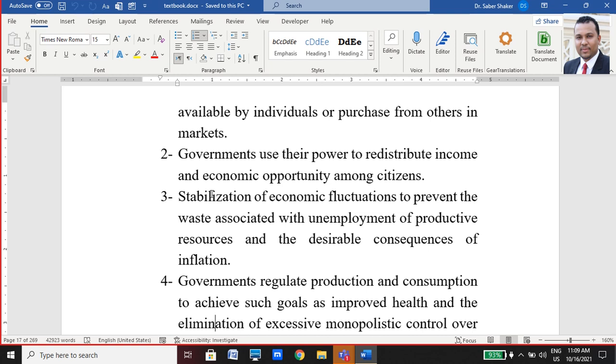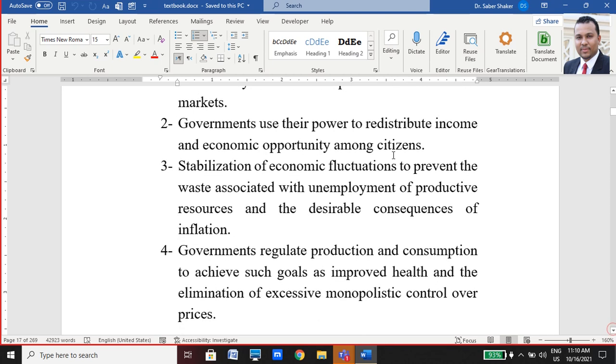What about redistribution of income? The government collects taxes from the rich class to provide subsidies to the poor class. Stabilization is a concept related to economic fluctuations.